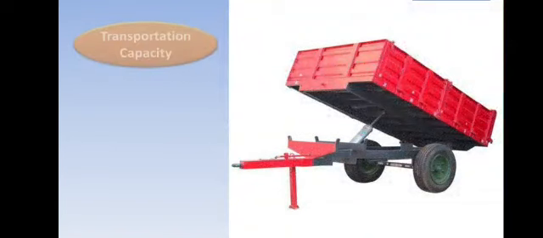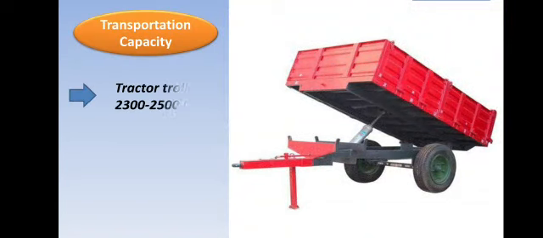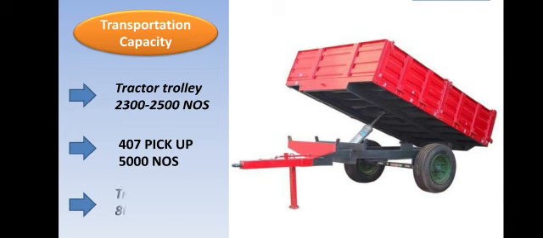Now, let us know the capacity of various loading or transportation vehicles. First of all, the tractor trolley, whose capacity is 2,300 to 2,500 numbers of bricks. Next, 407 pickup, which has the capacity of 5,000 bricks.